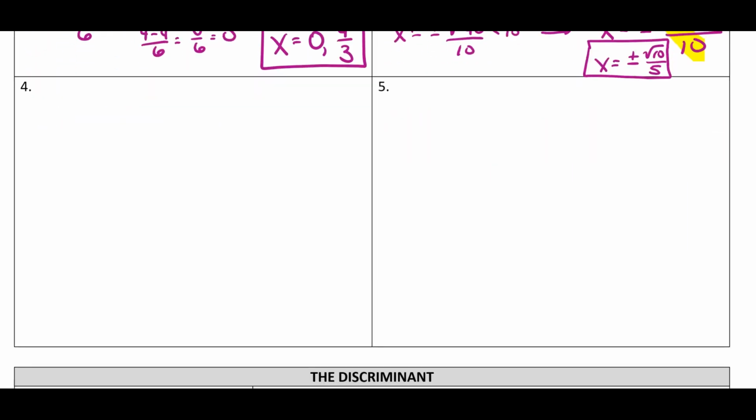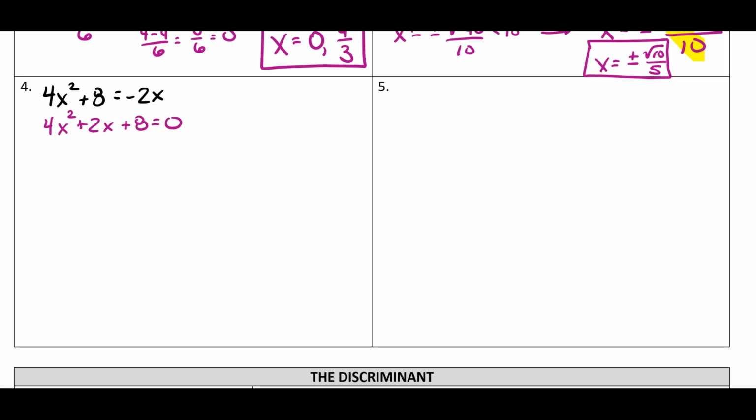Okay, number 4. 4x squared plus 8 equals negative 2x. So hopefully the first thing you've noticed with this problem is that it's not in standard form. So the first thing we're going to do is move the 2x over. So 4x squared plus 2x plus 8 equals 0.